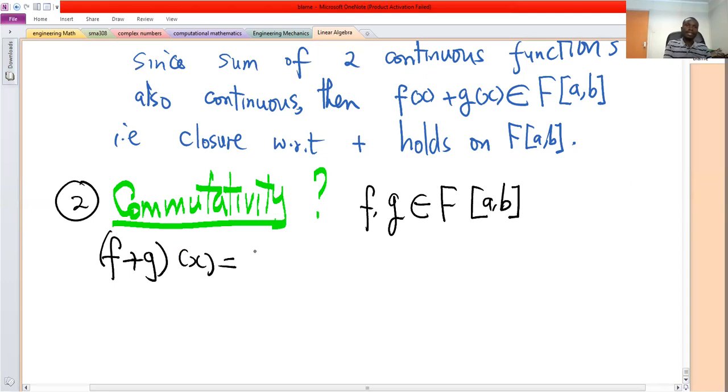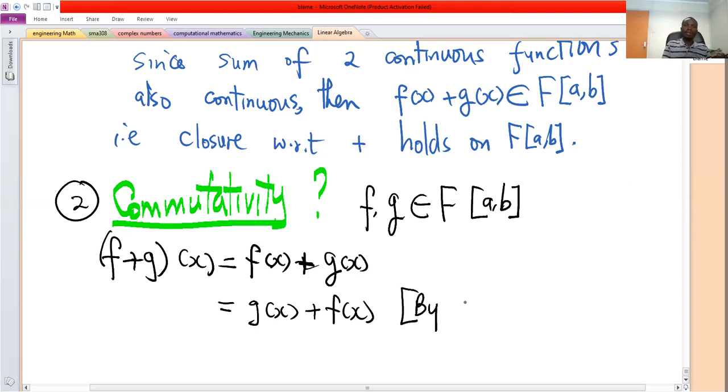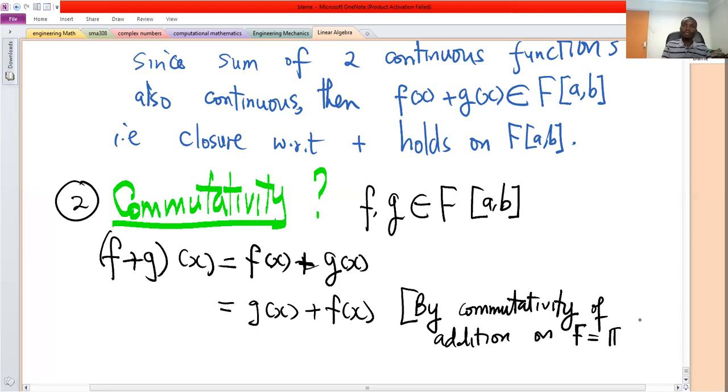The sum is written as f of x plus g of x. And then this can be written as g of x plus f of x. And the reason is because by commutativity of addition on the field F, we get this field of real numbers.